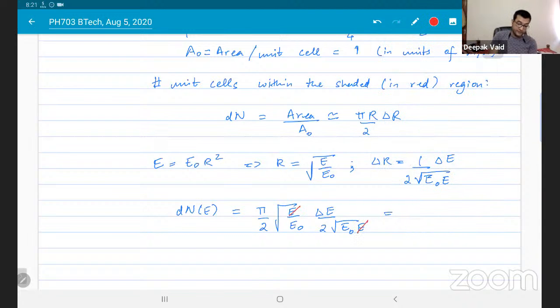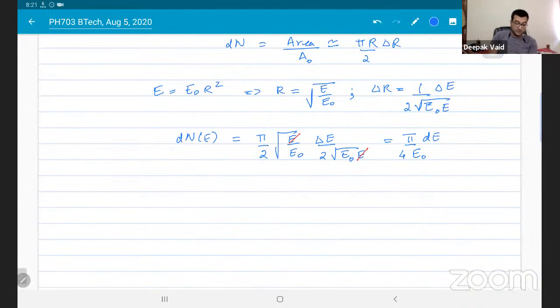So we see this factor of root E cancels out, and we are left with pi by 4 E naught times dE. So finally we have the result that dN by dE is equal to pi by 4. And this comes out to be a constant, right?